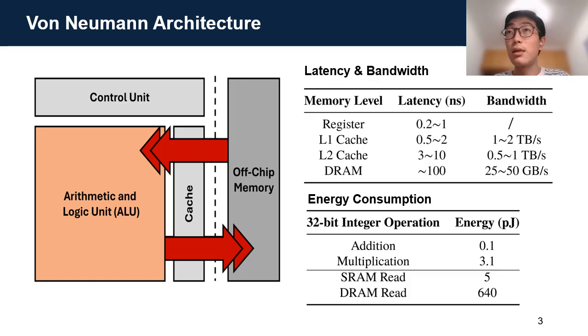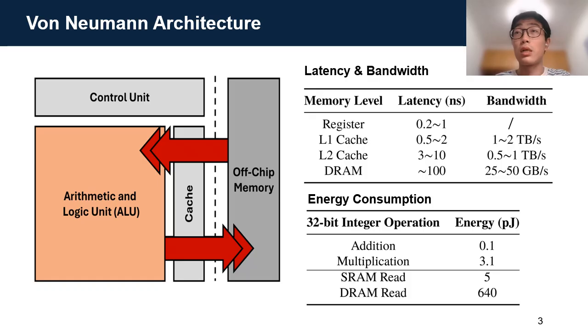It is clear that the speed of DRAM is roughly 2 orders of magnitude slower than the register within ALU, and the energy consumption of DRAM operation can even reach 3 orders of magnitude larger than the compute operation.